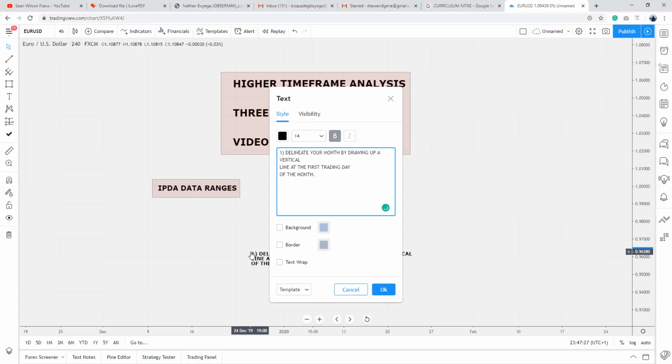Then your step 2 now is to go back 20 days.